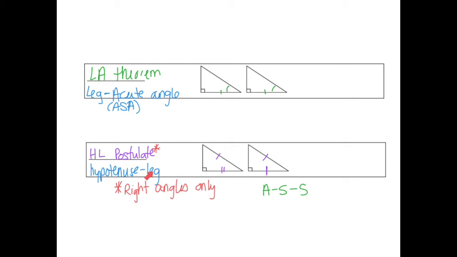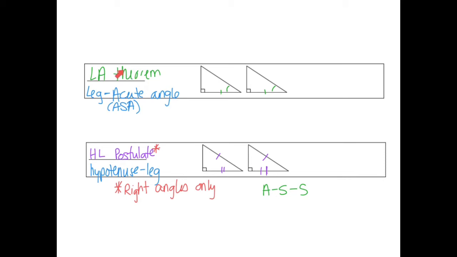Because if you look at the hypotenuse and the leg, the angle would be the right angle there. So there's that angle-side-side. This only works in right triangles to have the hypotenuse and the leg, simply because we do have that other angle, but as long as they are the congruent ones. That's why this only applies to right triangles, the hypotenuse-leg postulate.